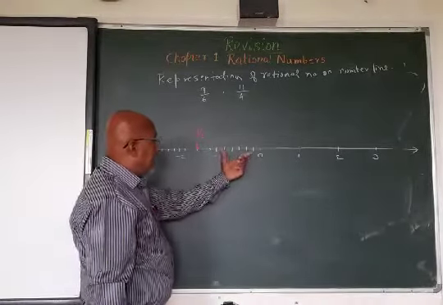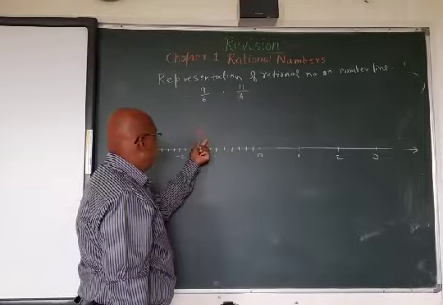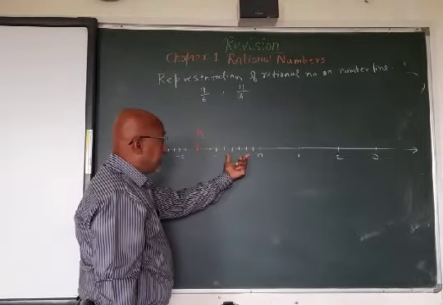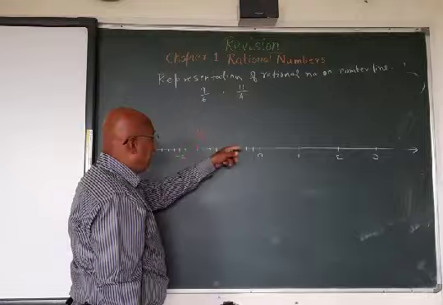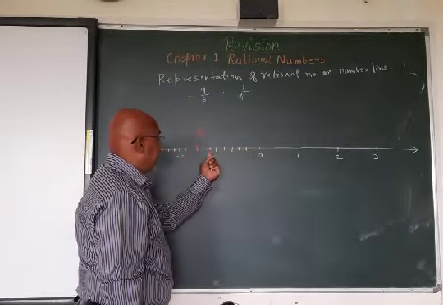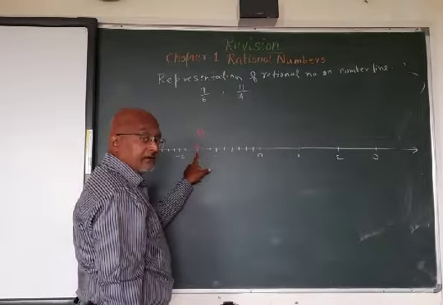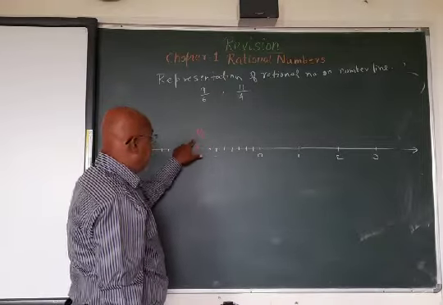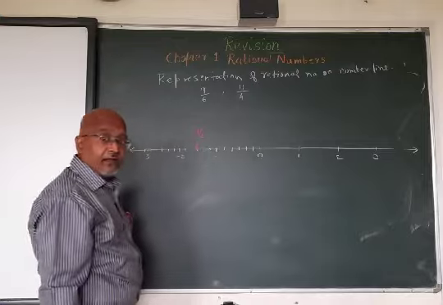You can see, as this is divided in 6 parts, the denominator is 6, and this is the ninth part. So 9 completes here, and this is represented as minus 9 by 6.